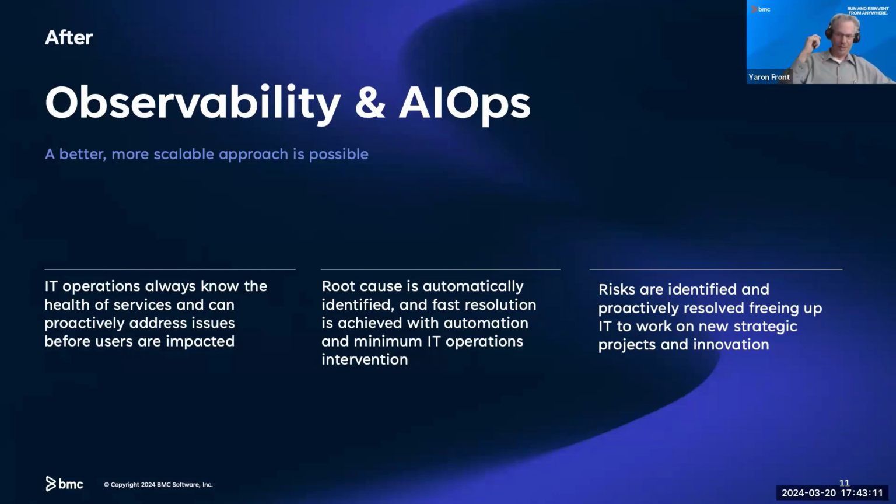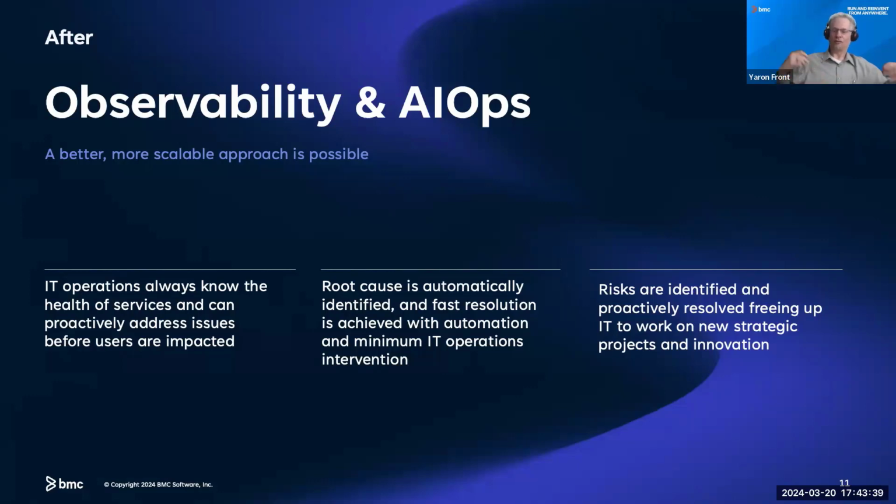So another part of the after state that we want to be in is having the ability to find, analyze, root cause, and fix problems quickly, minimizing disruption to IT, minimizing disruption to domain experts, and most importantly, minimizing disruption to the business and to your customers.